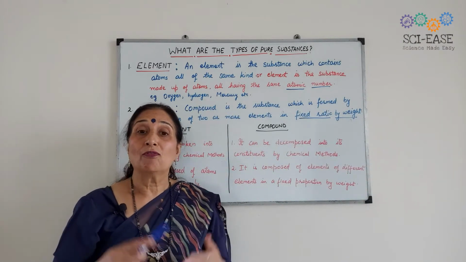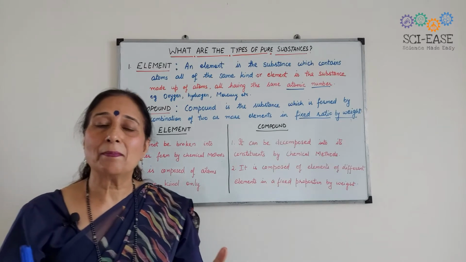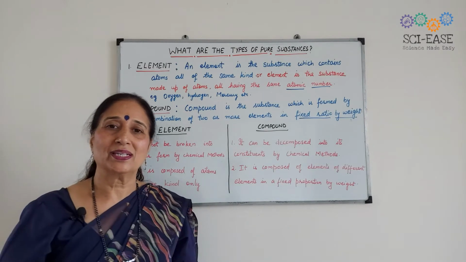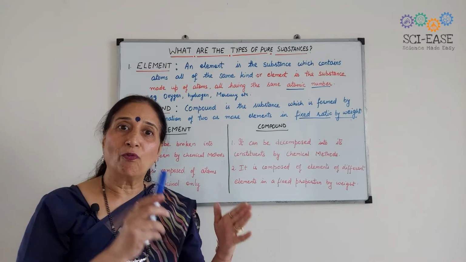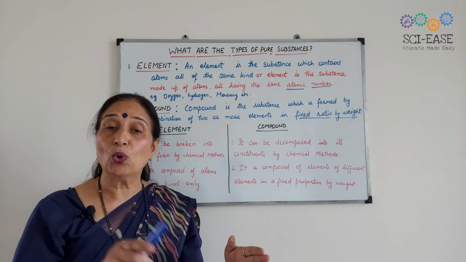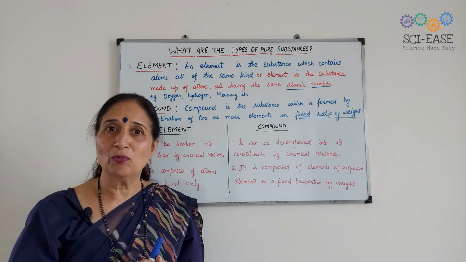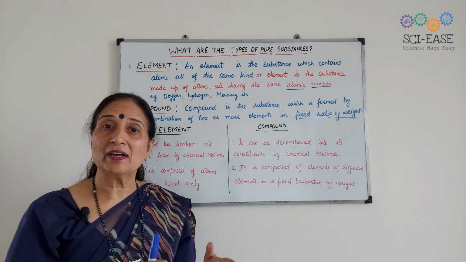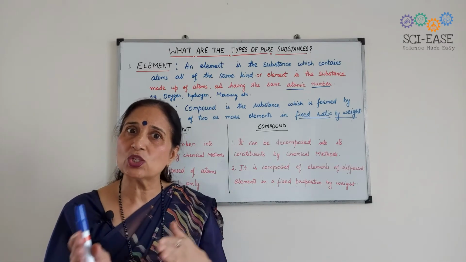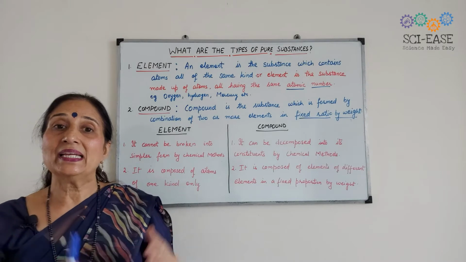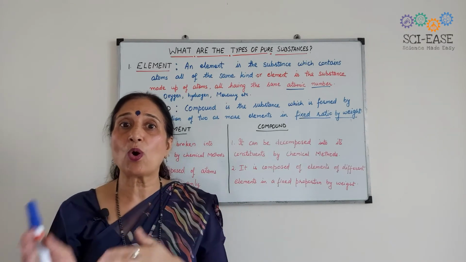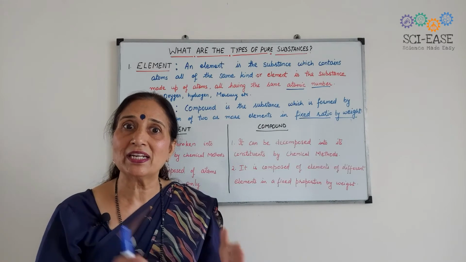You know, water, that is the compound. Carbon dioxide is a compound. This means water, it has H2O formula in which there is hydrogen and oxygen in the ratio of 2:1. In the same way, in case of carbon dioxide, carbon and oxygen are in the ratio of 1:2.